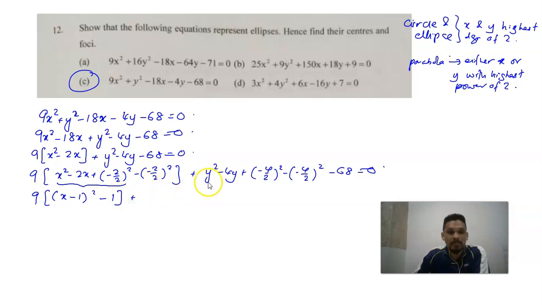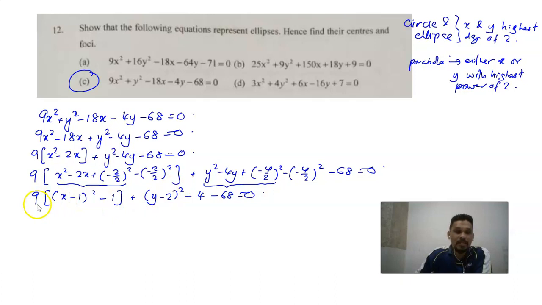Plus, now with these three terms we simplify to y minus 2 squared, minus negative 4 divided by 2, negative 2 squared equal to 4, minus 68 equal to 0. Then multiply this 9 with x minus 1 squared and 9 with negative 1.